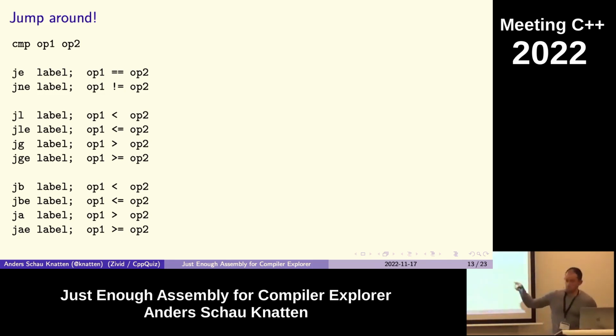All of these jump less and greater are for signed integers. If you want to compare as if they were unsigned, you have to use other instructions. Less and greater names were taken, so we have below and above for unsigned. So if you want to do unsigned comparisons, you do jump below, below or equal, above or equal.